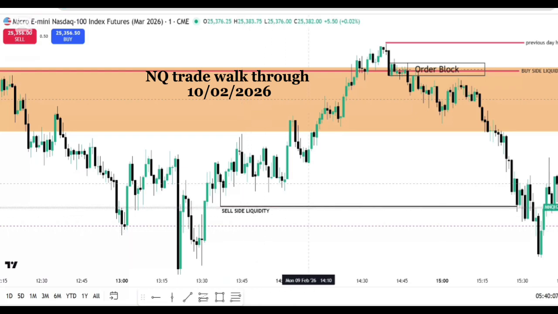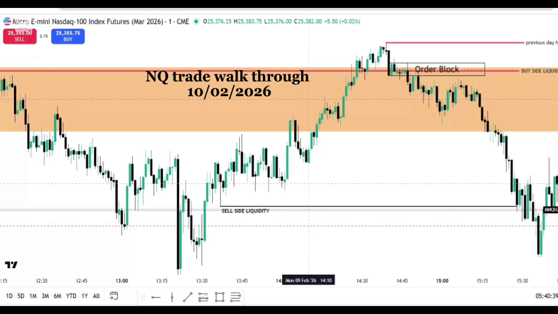So assume I'm bullish on a certain pair, either S&P or Nasdaq 100. When I'm bullish, I want to see price run sell side liquidity, which is the 12 o'clock low.